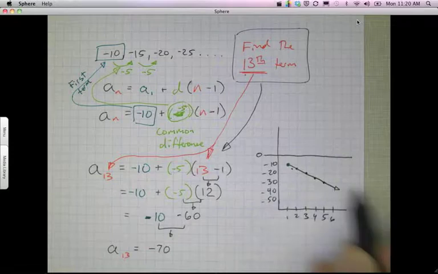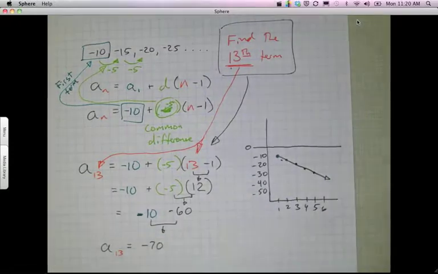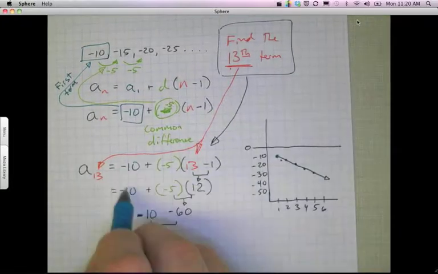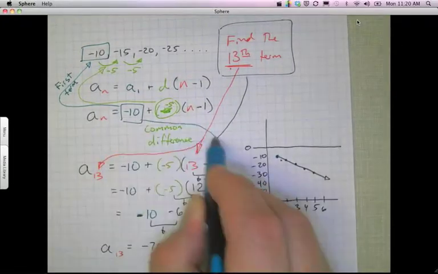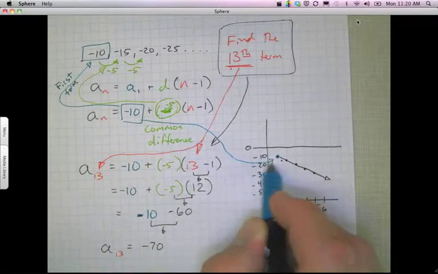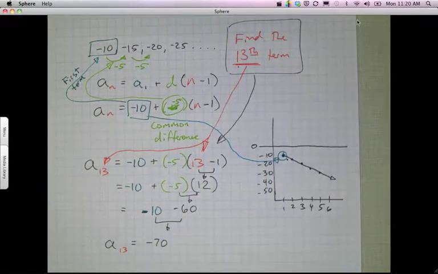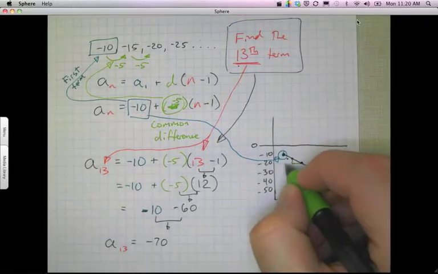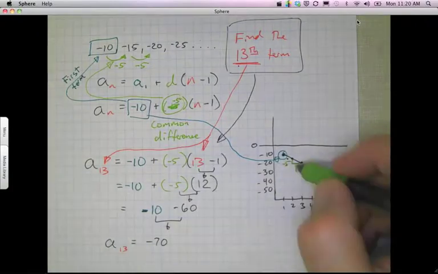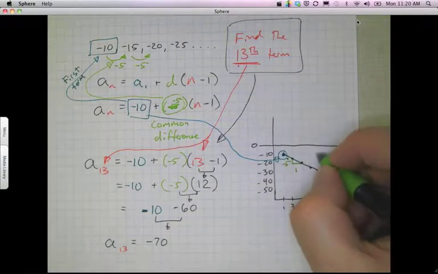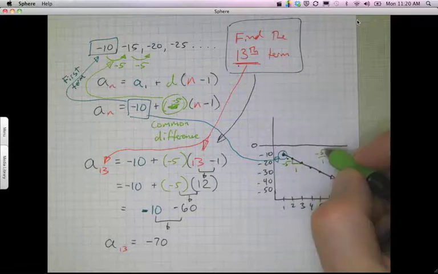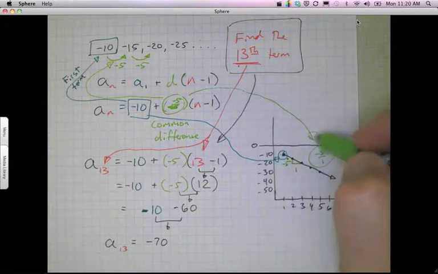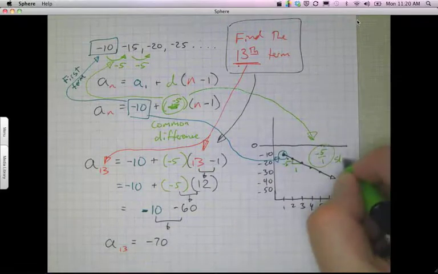You can see the general line the way that it goes. So if I had to make a connection between this equation and this graph, I would say, look, this -10, that was my first term, shows up here in my graph like this. And then the common difference, the fact that every time you drop 5 when you go over 1, so my slope from this line is going to be negative 5 over 1, shows up right here on my graph as my slope.